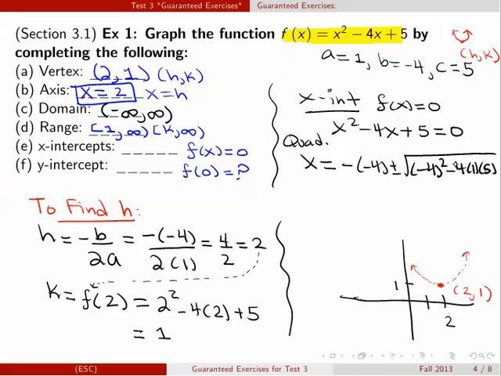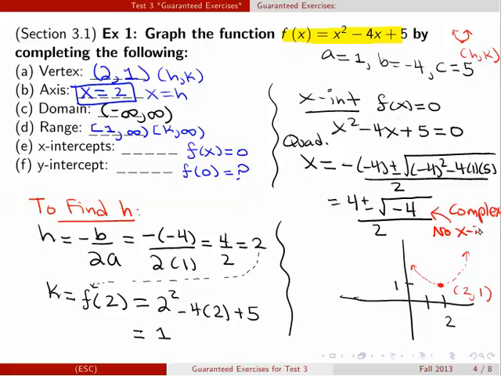Okay, so let me simplify this so you can see why there are no x-intercepts. The inside of the radical, once you do the math, is going to come down to the square root of negative 4, and this radical of negative 4 is going to be a complex number, and every time you guys have a complex number, there are no x-intercepts. So that's something you guys want to remember for test 3.